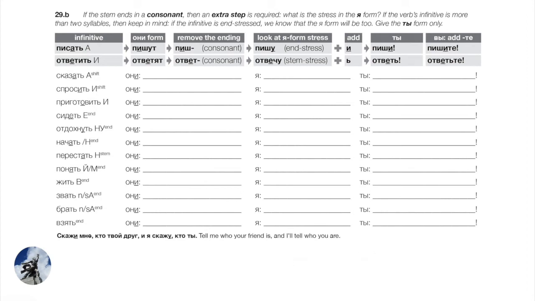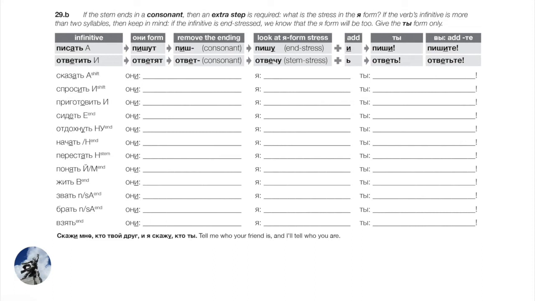Звать, an nsa verb, right? Remember that means two consonants in a non-syllabic root, consisting of two consonants plus an a. That's how this infinitive was built. For example, звать, meaning to call: zv, that's our non-syllabic root, plus the a that we see there in the infinitive. Okay, this is an end-stressed verb.